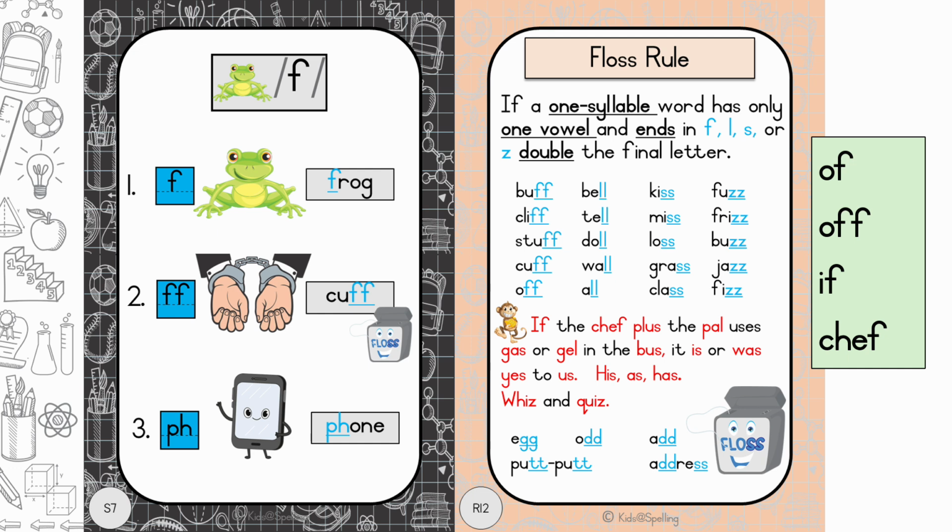So if I want to write leave, where we use the vowel team, it will be the single F. But in grade 1, we do all the short red vowel words. So if I have a short red vowel like buff, cuff, cliff, I need to know my floss rule to know I need to double the F at the end of these words.